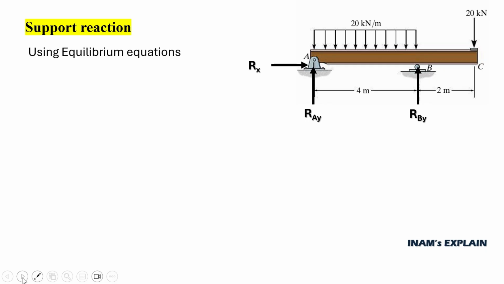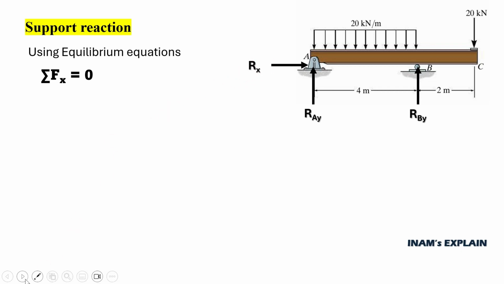The three equilibrium equations are: number one, the summation of Fx is equal to 0; the summation of Fy is equal to 0; and the summation of moments at any point should be equal to 0. We will use the first equation, the summation of all forces along the x-axis equal to 0.